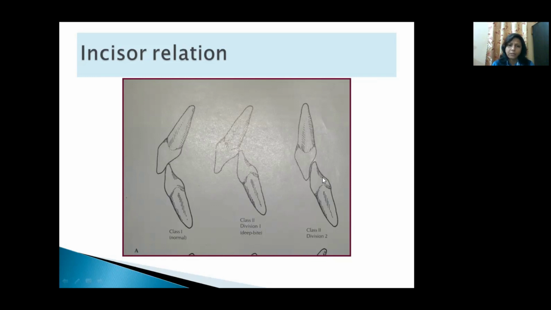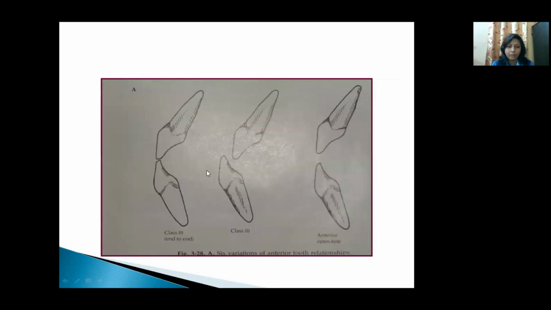In class 2 div 2, the mandibular incisor edges are in contact with the lingual aspect of the maxillary incisors. In class 3, the lower incisors tip can be in edge to edge relation or in a labial position to the upper incisors. And in anterior open bite cases, there is no contact of the upper incisor edges and lower incisor edges.